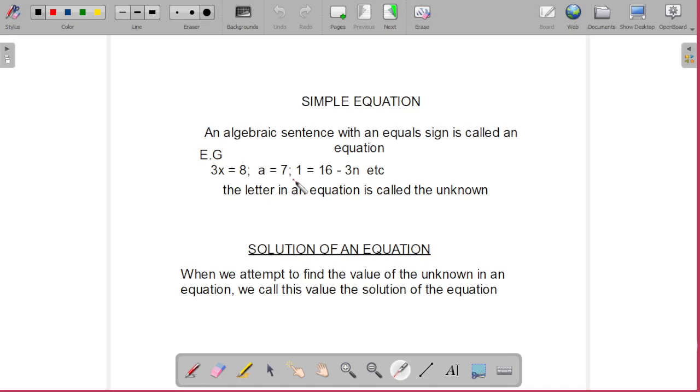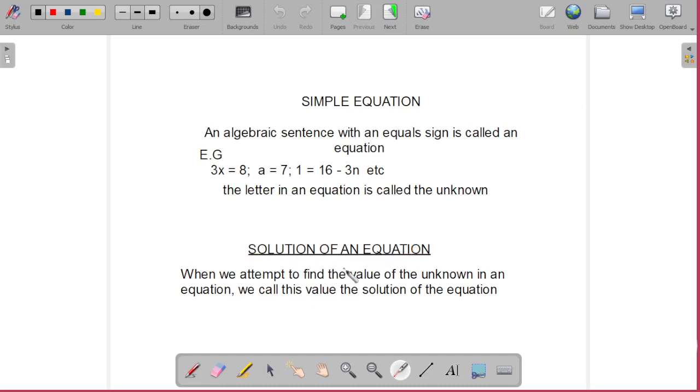You can't do that in an algebraic expression, because that is not obtainable at that level. But when it comes to an algebraic sentence that has an equal sign, we can find a value for the unknown, and that will lead us into what we call the solution of an equation.